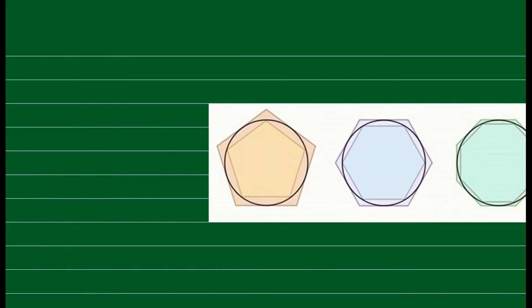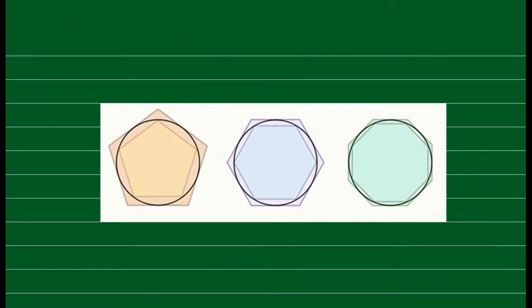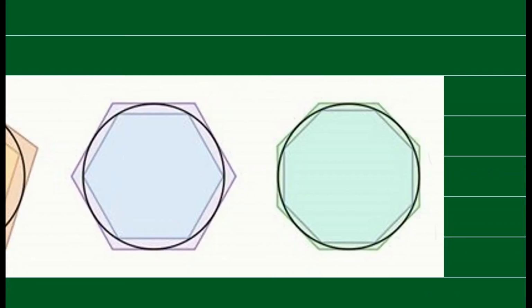Well, it will look something like this if we start increasing to any n number, and eventually the area of the inner polygon is very, very close to the actual area of the circle, and the area of the circle is very, very close to the area estimated from the polygon outside of the circle. So this was the method of exhaustion. Exhaust all the sides of any polygon, and then you get a nice approximation for the area of a circle.